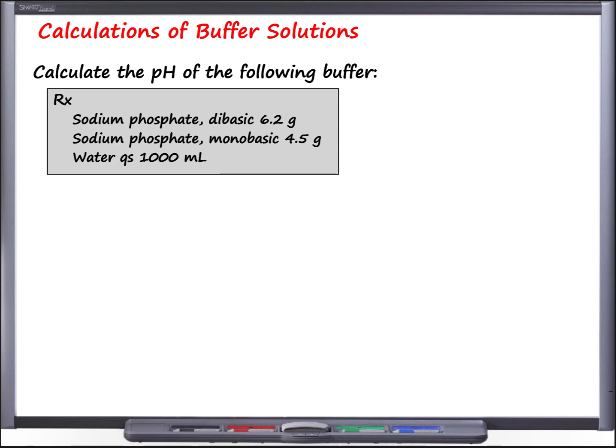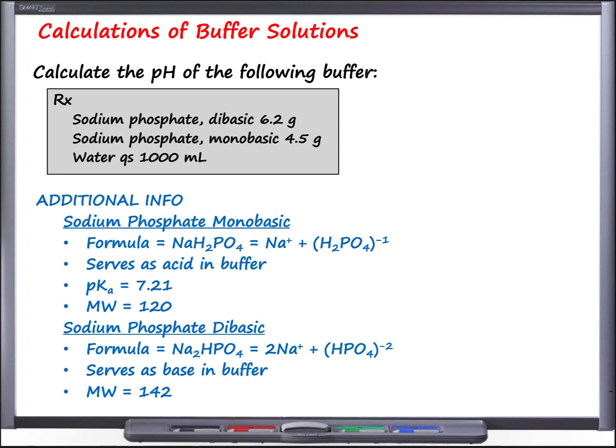Well, we'll need some additional information. Let's do this one at a time. The first ingredient to discuss is the monobasic sodium phosphate. What you absolutely need to understand about that is first the formula, NaH2PO4.